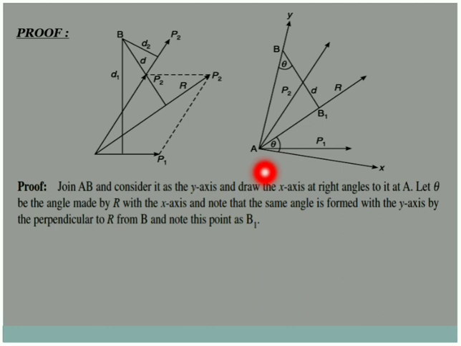Similarly, we will get this angle theta with the y-axis. Both the angles are the same. So, angle theta is the angle made by the resultant with respect to the y and x axes as shown in the figure. Here the points B and B1 represent the perpendicular which is dropped on the resultant from the y-axis.